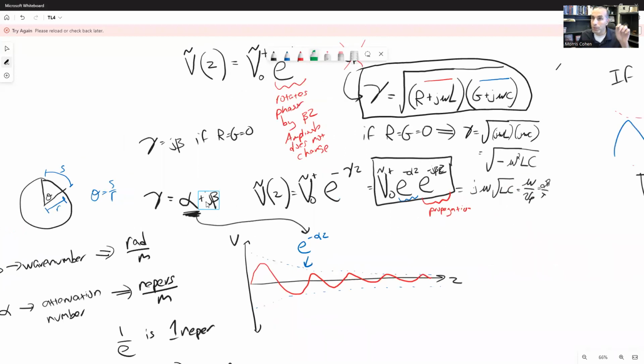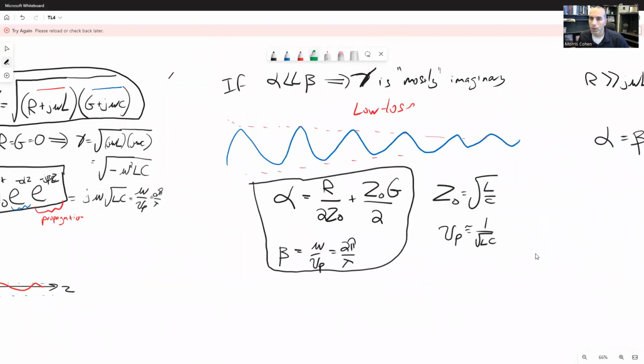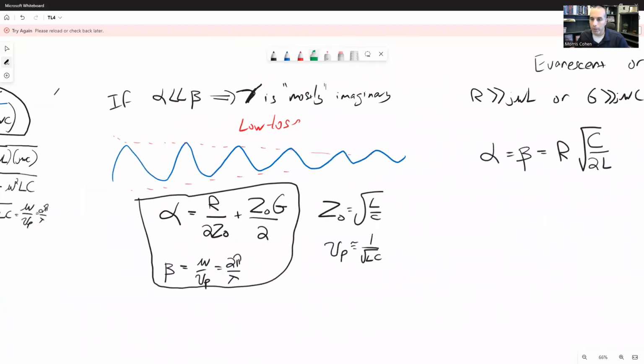The imaginary part will tell you how the phase changes with distance, and the real part will tell you how the amplitude of the wave changes with distance. If you happen to know that it's either low loss or high loss, then you can go straight to one of these 2 sets of formulas here, which are basically special cases of the larger formula. But this will save you some time if you know for sure whether it's low loss or high loss.